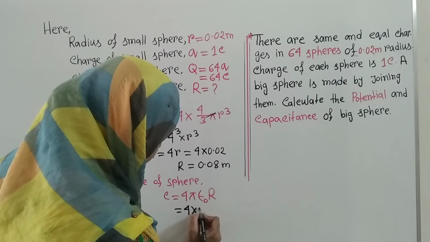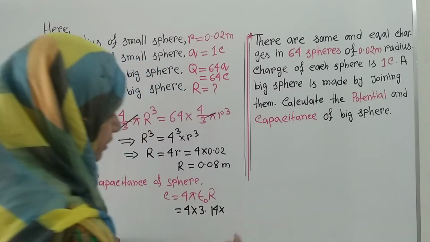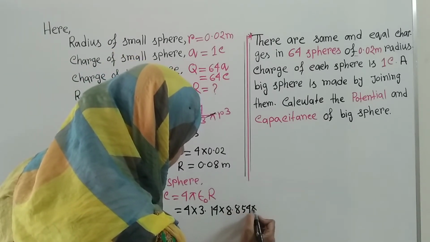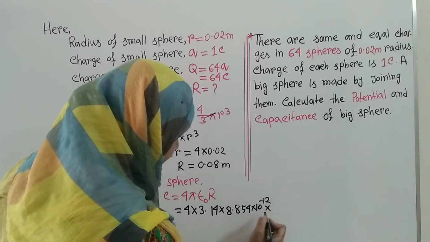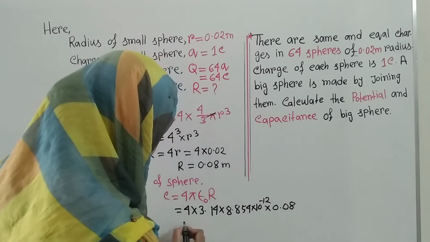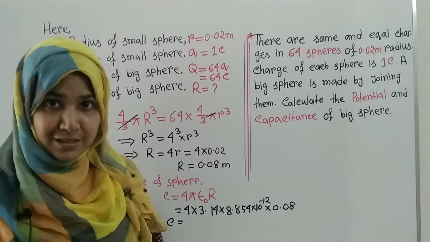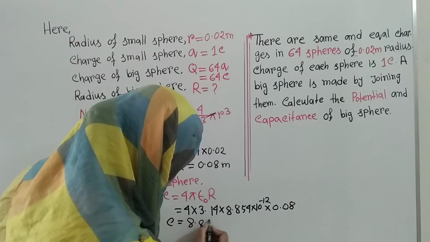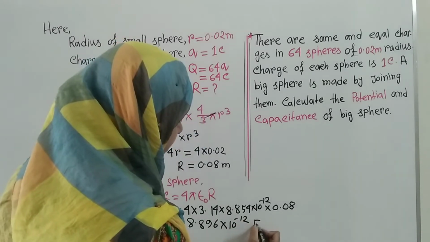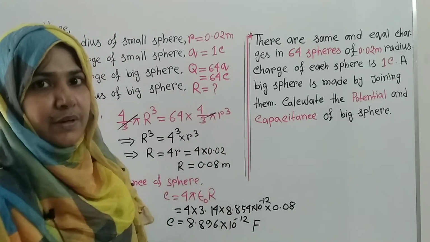The value of pi is 3.14. The value of epsilon naught is 8.854 into 10 to the power minus 12. And the value of R we got is 0.08. Now after calculating it you will get the value of capacitance as 0.896 into 10 to the power minus 12, denoted by capital F. So the capacitance of the big sphere we already got.